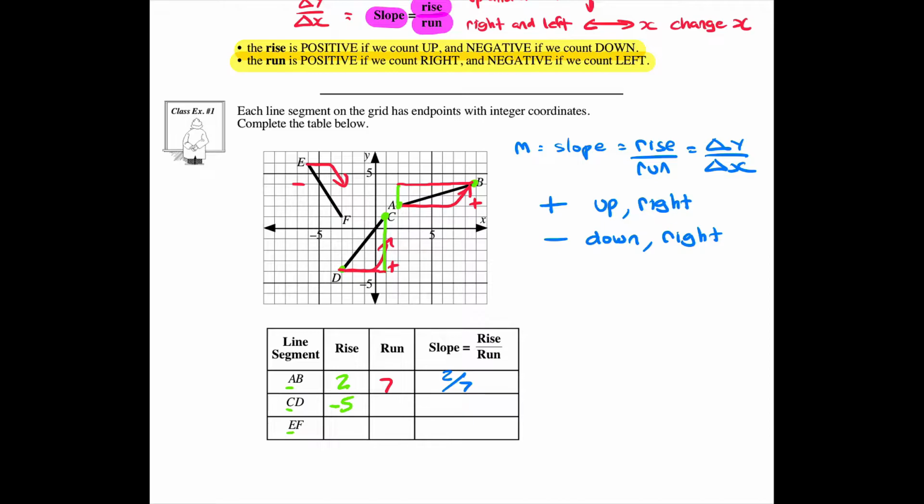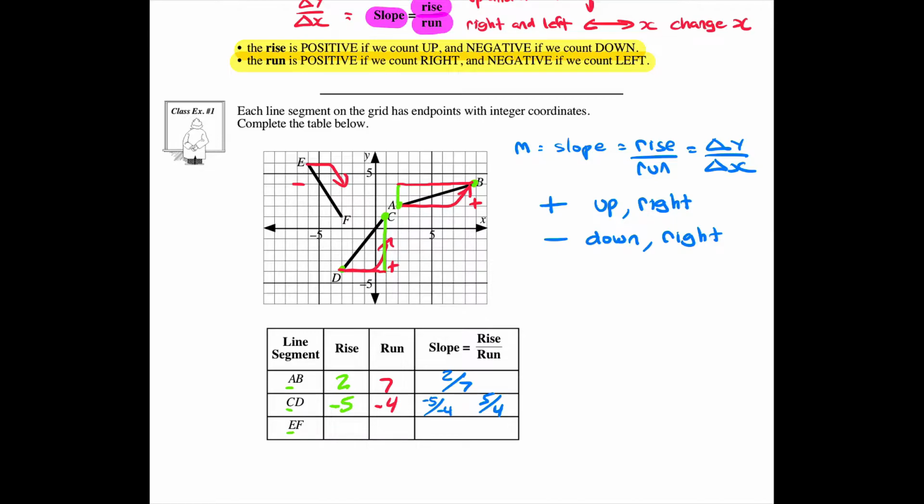And again, going to the left is negative. So what we've got here is negative 5 over negative 4. And you know that when we have a negative over a negative in fraction form, it's actually going to be positive. So the slope is better written as 5 over 4.